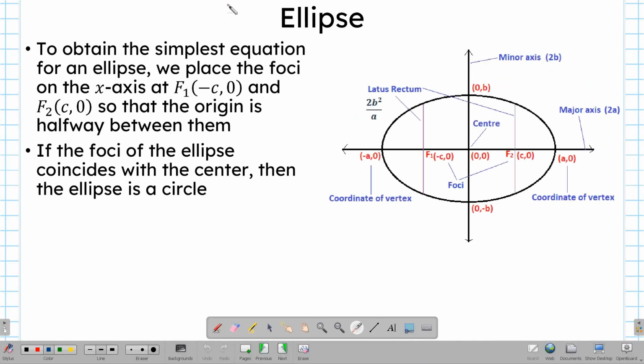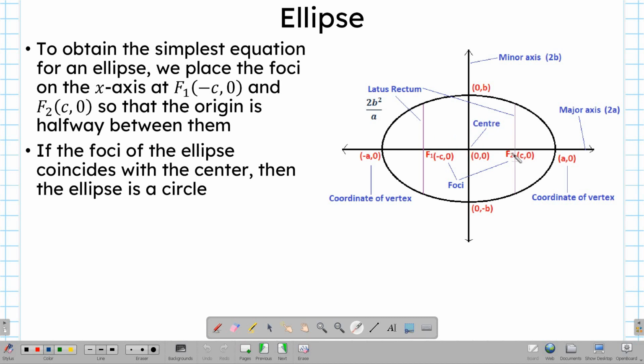Now, to obtain the simplest equation for an ellipse, we place the foci on the x-axis at F sub 1, which is at (-c, 0), and F sub 2, which is at (c, 0). So these are the coordinates of our two foci, so that the origin is halfway between them, and hence we call that the center, which is the midpoint of our two foci.